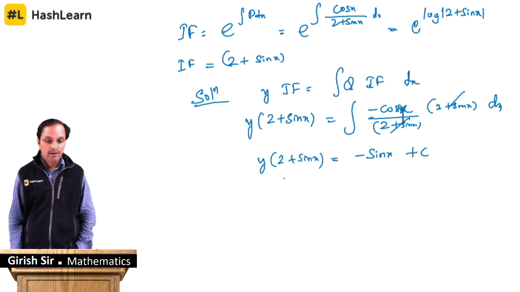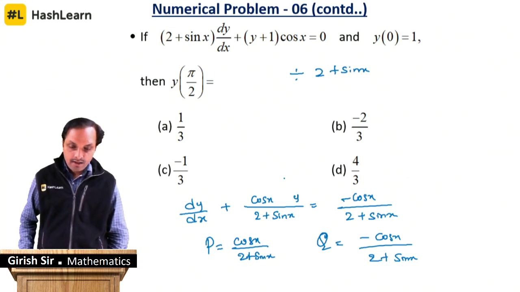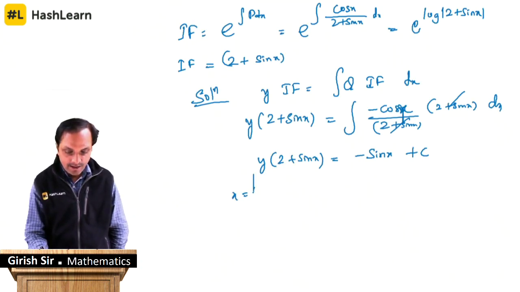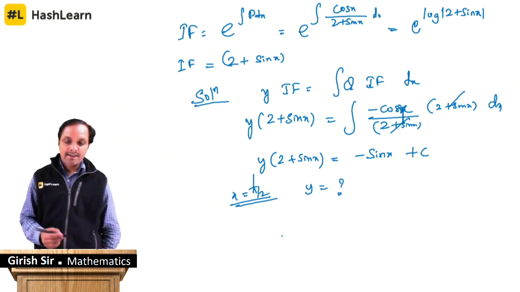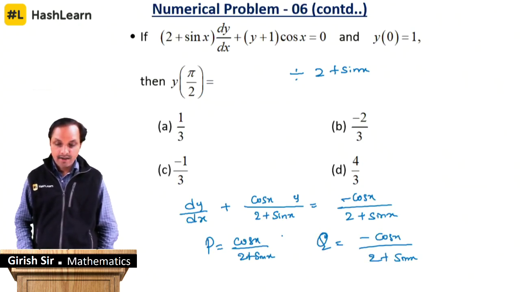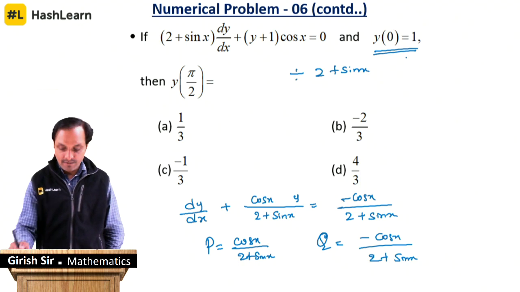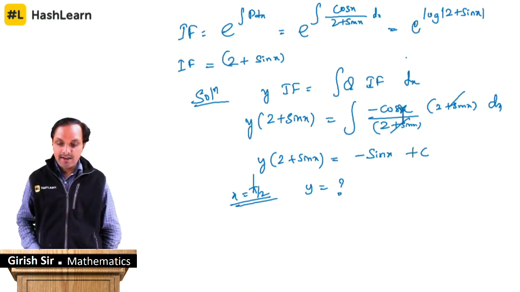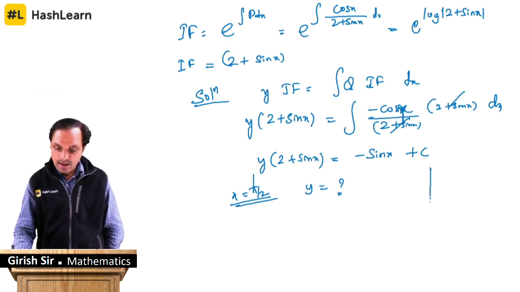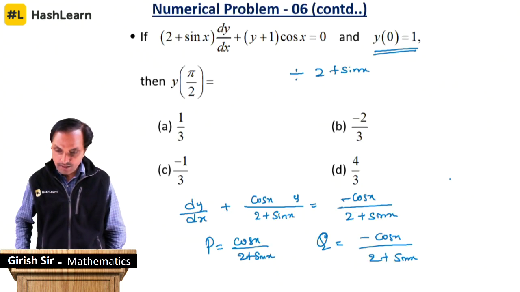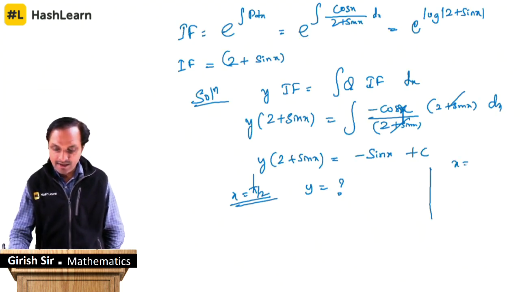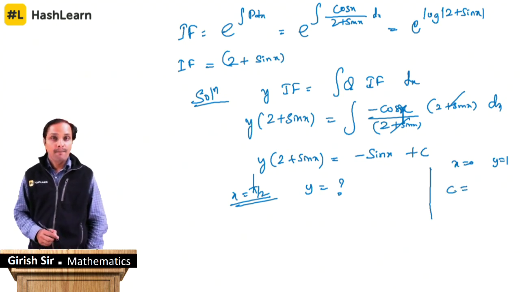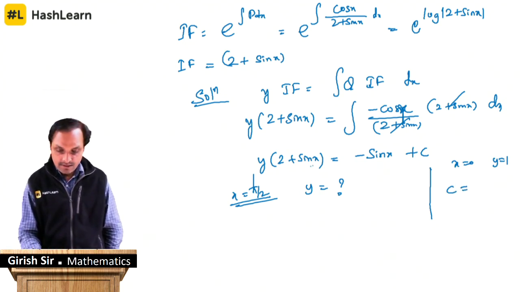ओके, चलो हमें क्या करना है अभी, x को पाई बाई 2 लेना है और y का वैल्यू फाइंड करना है. सो बिफोर दैट y ऑफ 0 इज गिवन एज 1, तो हमें c का वैल्यू लेना है. सो x as 0, y is 1. x 0, y 1 लिए तो हमारा कांस्टेंट पार्ट हो गया sin 0 is 0 and y is 1.